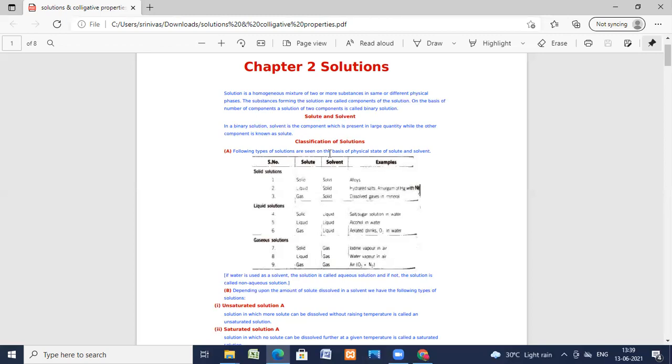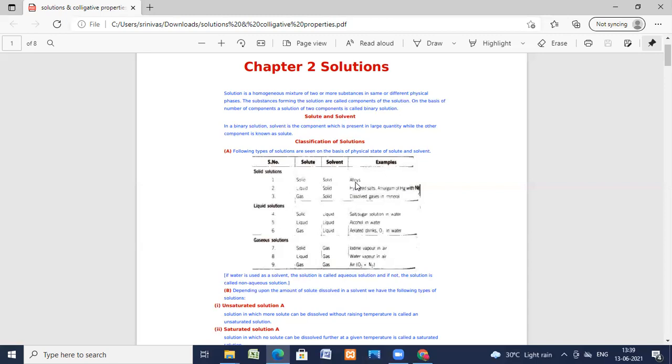Now let us see the classification of solutions: solid solutions, liquid solutions, and gaseous solutions. In a solid solution, the solute is solid and the solvent is also a solid.